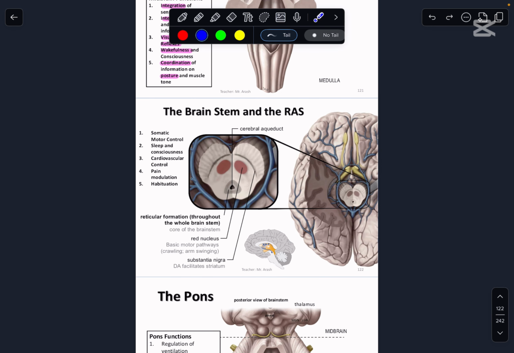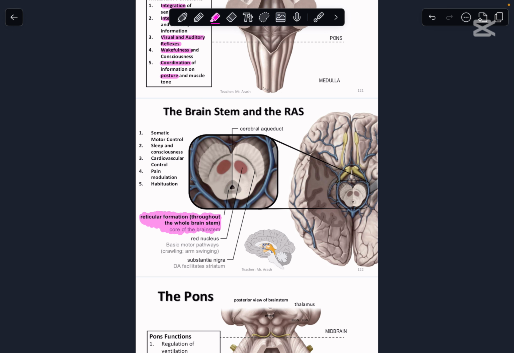The reticular formation is essentially this part here in the middle, in the core of the brainstem. This is the part that you use to basically allow for sleep, consciousness, cardiovascular control, pain modulation, habituation. I don't need you to know that.